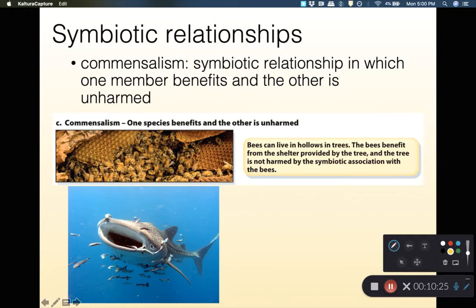The whale shark gets parasites removed from its skin. But there are also other fish that exclusively just feed off of the dead slough of the shark. And while the shark would shed this naturally, it doesn't harm the shark at all to have it picked off by these fish. So this is an example of both of those dynamics happening simultaneously.